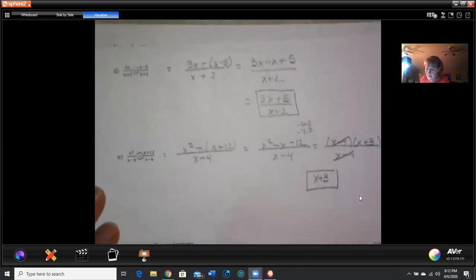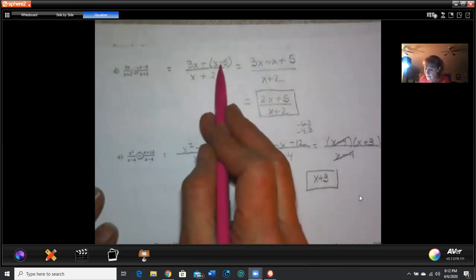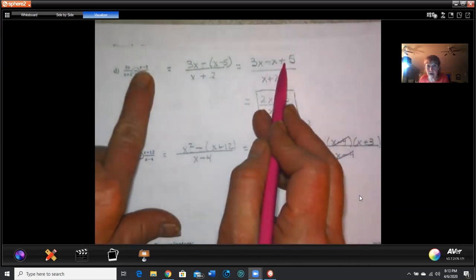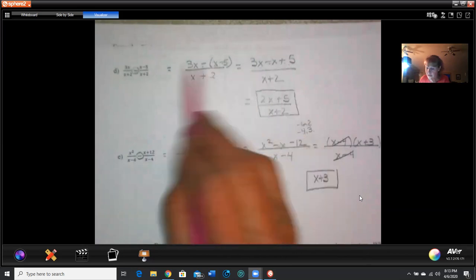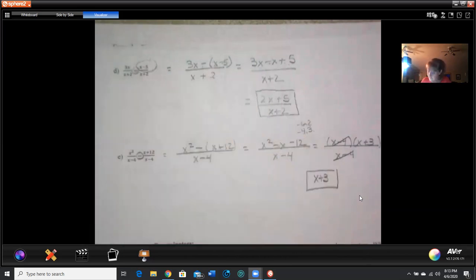If you do have subtraction, make sure that you change the sign on everything in the numerator that follows. Minus x plus 5. A pretty common mistake is to forget to change the sign in the numerator following the subtraction.